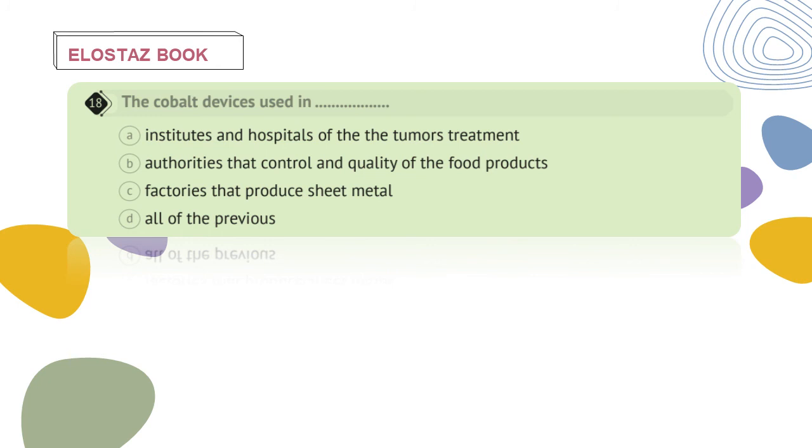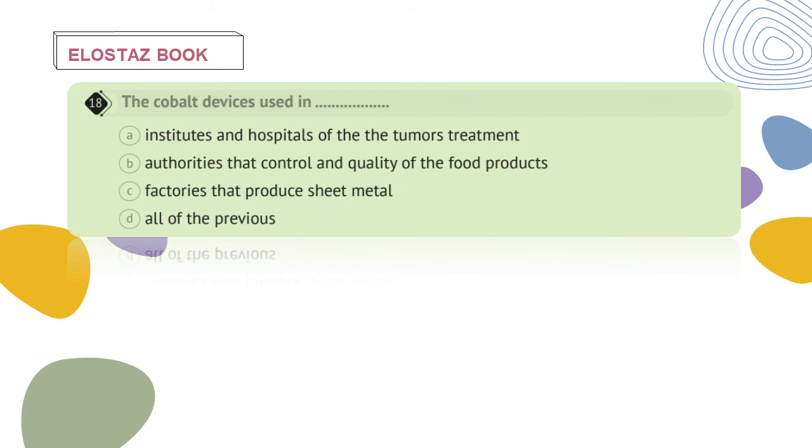We said that we have cobalt in its radioactive form used in the treatment of tumors, and also authorities that control the quality of food products, meaning we stop the continuation of bacteria and germs. Also factories that produce sheet metal, and the last one, all of the previous.